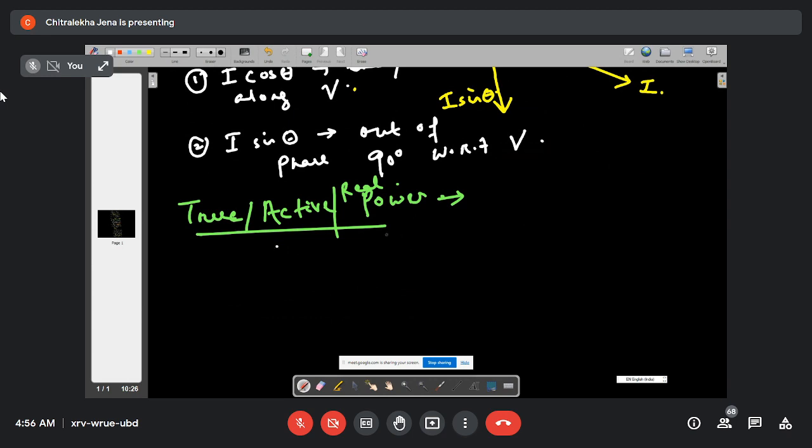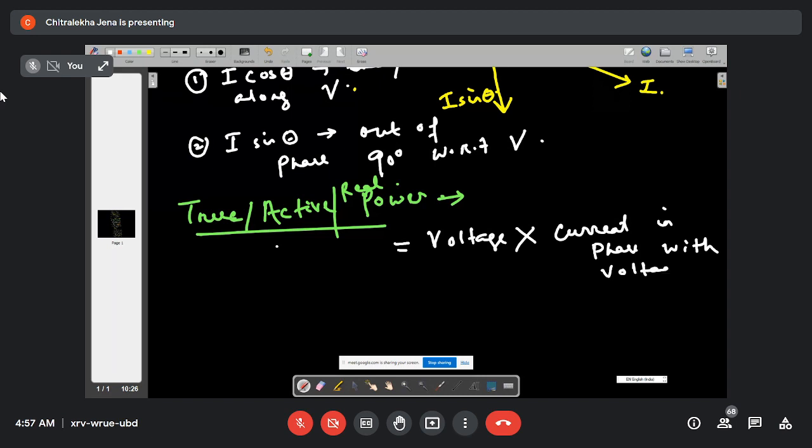The formula for this is voltage multiplied with the current in phase with voltage. What is the component of current in phase with voltage?